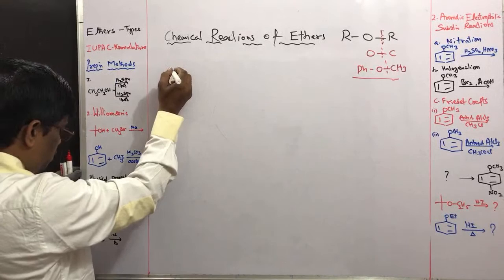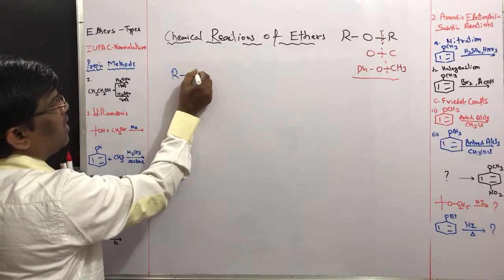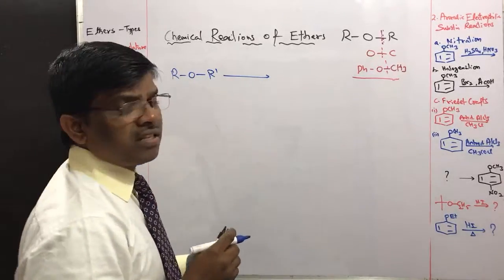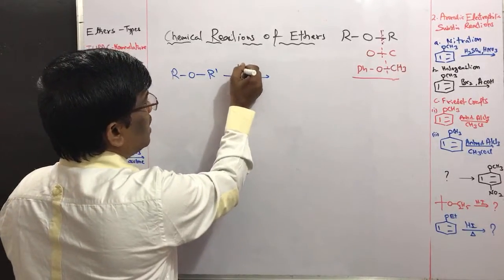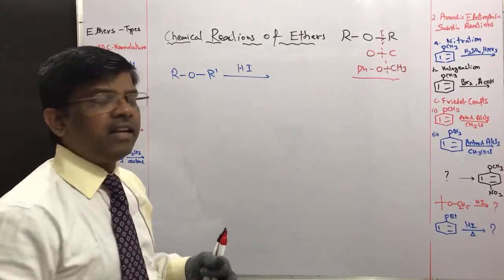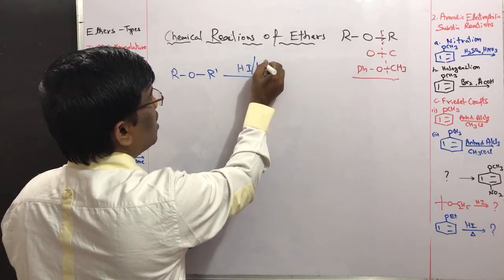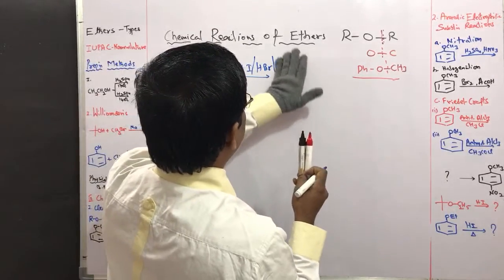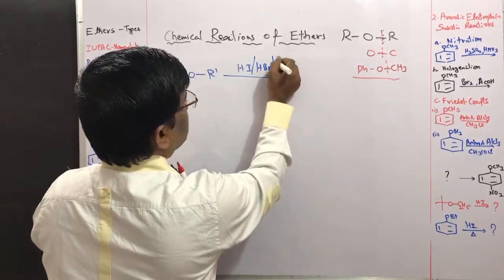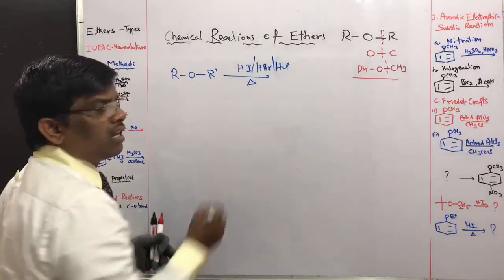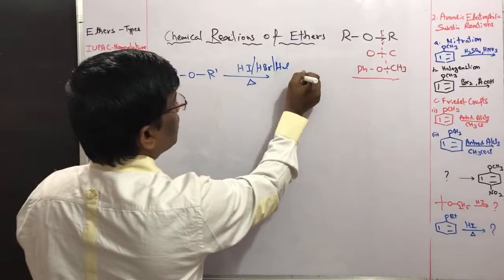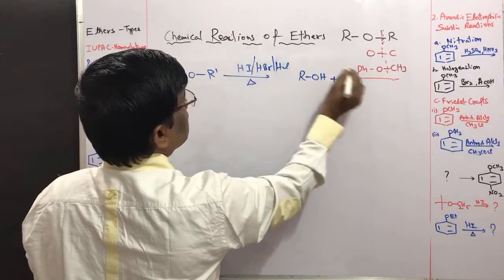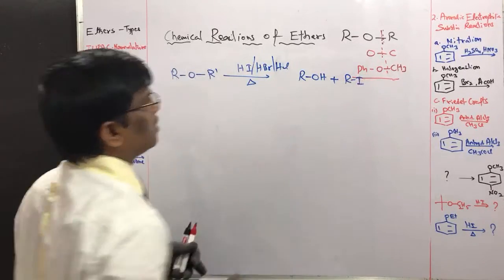Yes, students. So demethylation takes place under drastic reaction conditions. Drastic reaction conditions means highly concentrated hydroiodic acid or HBr or HCl at high temperature, it is going to give R-OH plus R-iodide.